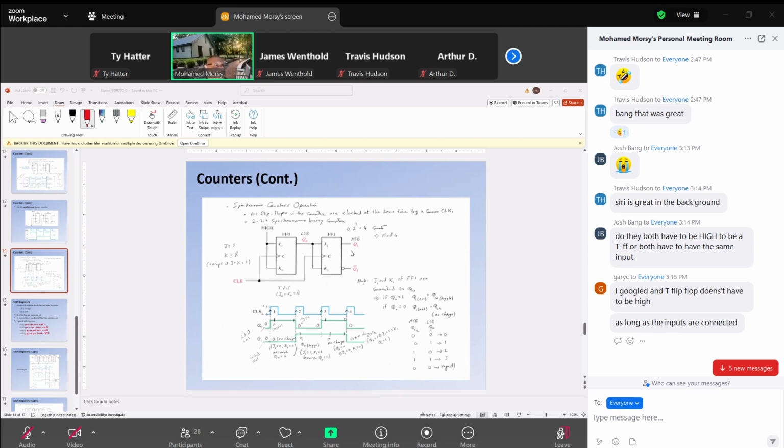For the second one, FF1, look at Q0 now. Q0 is the input. Q0 represents the input for FF1. So the output changes based on Q0 and, of course, the clock.